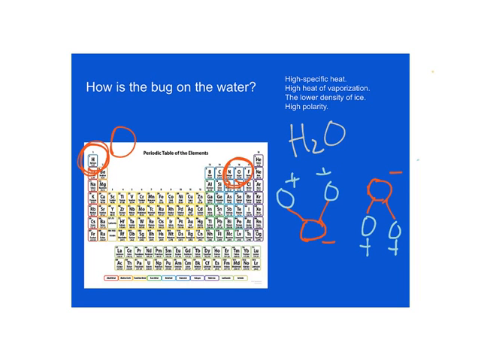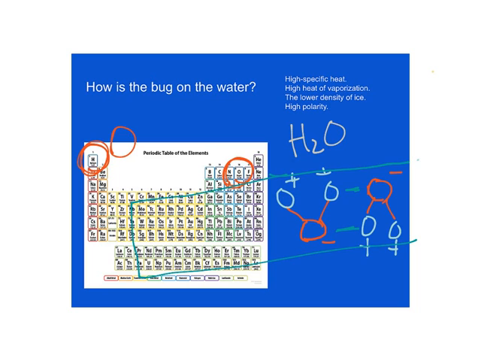So let's look at that a little bit closer. These guys are going to kind of line up like this. And when you go across and you keep lining these guys up, you can imagine what that looks like. That makes it really strong. And so how is the bug on water? It's because of how the water molecules are lined up.